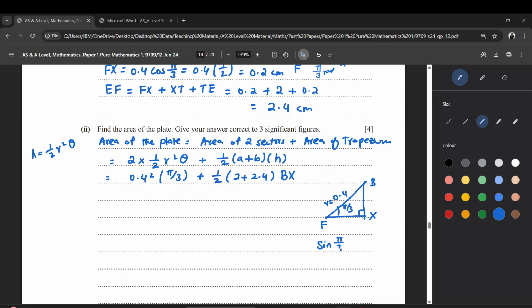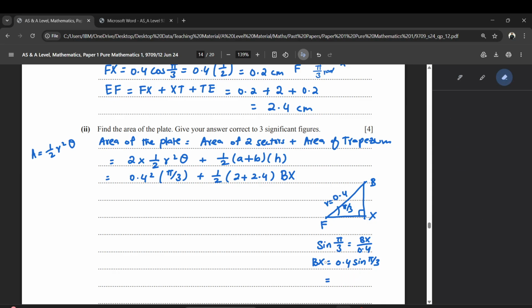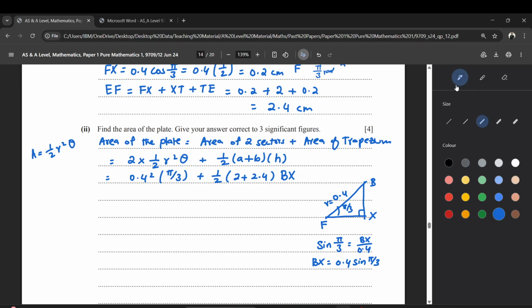Sine pi upon 3 is equal to BX over 0.4. So BX will be 0.4 times sine pi upon 3. We can work it out on that side.